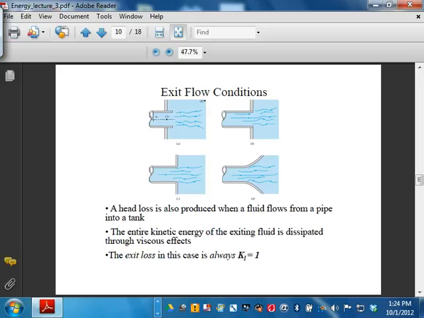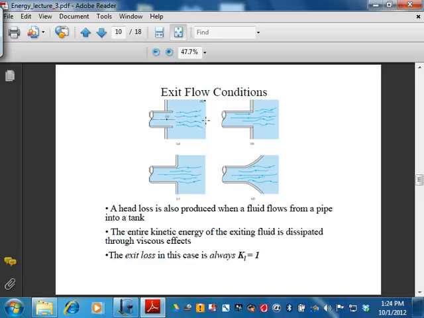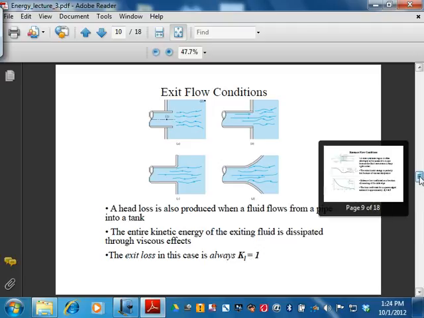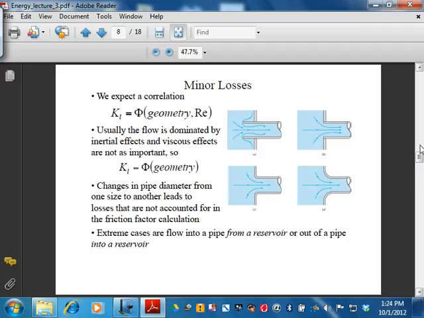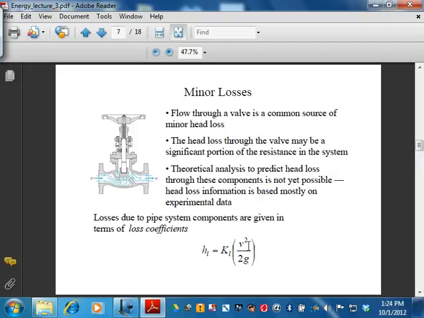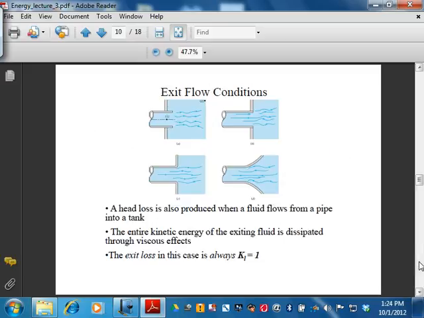What's the velocity in the tank? Zero. So how much kinetic energy do you lose from here to here? Half rho V squared, so 1 times half rho V squared. You essentially lose V squared over 2g, which is one head unit of kinetic energy. So in this case, you lose 1 unit no matter what you do, because it goes from moving to stopped.